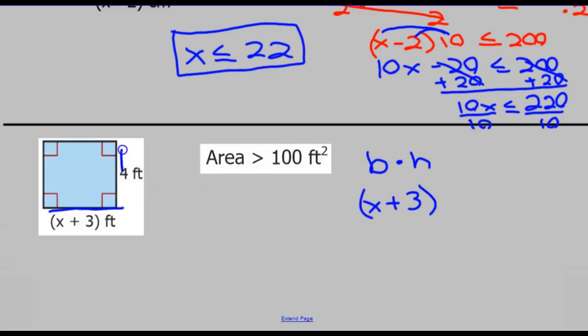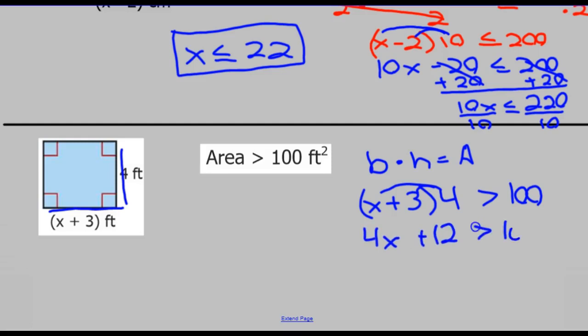Our height is 4, which is greater than 100 feet. So I'm going to distribute the 4. We get 4x plus 12 is greater than 100.